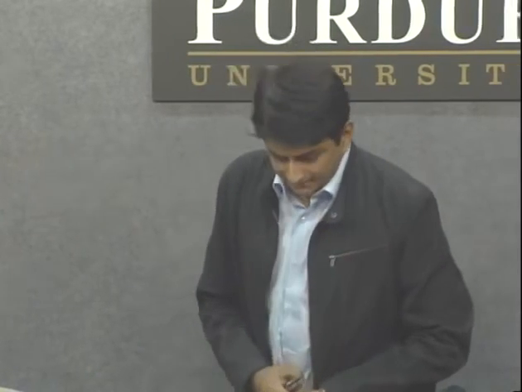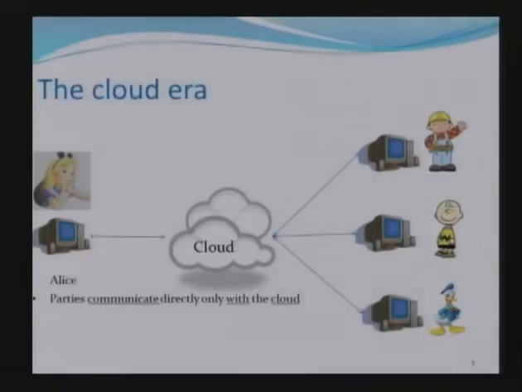And also, the cloud provides a fascinating possibility that any computationally intensive task can be offloaded to the cloud. If I'm running a mobile device, then maybe I don't need to run any kind of expensive task on this device. Okay, and so now the world has changed a little bit. Ideally, we'd like parties to communicate directly only with the cloud.